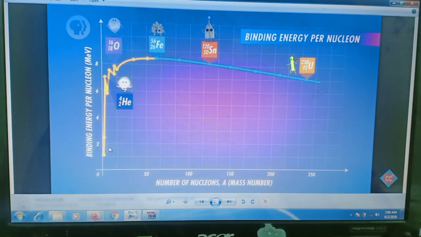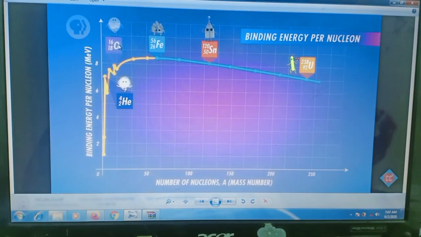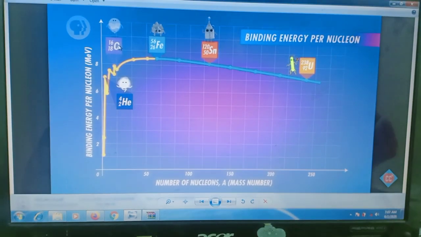As you can see here, the binding energy of helium nucleus is around 7. And then after that, it will increase, based on the increasing number of protons and neutrons in the nucleons. So more protons, more neutrons in the nucleus needs more binding energy.